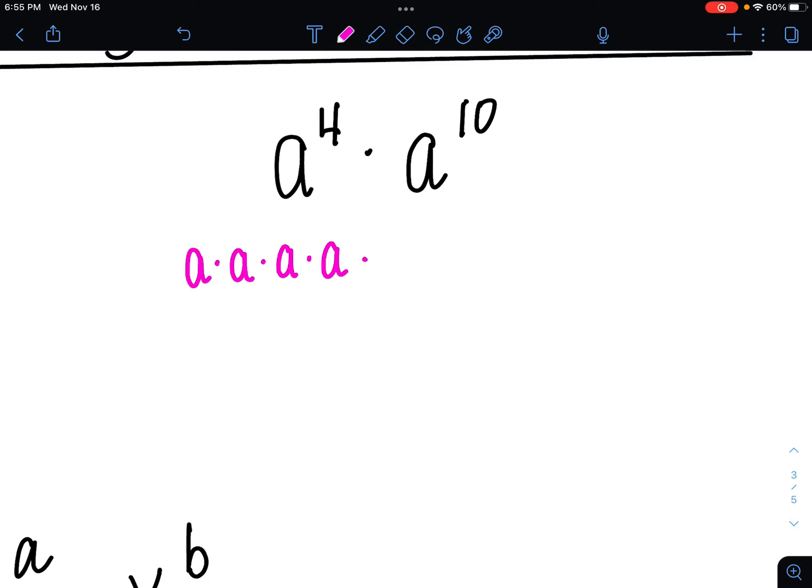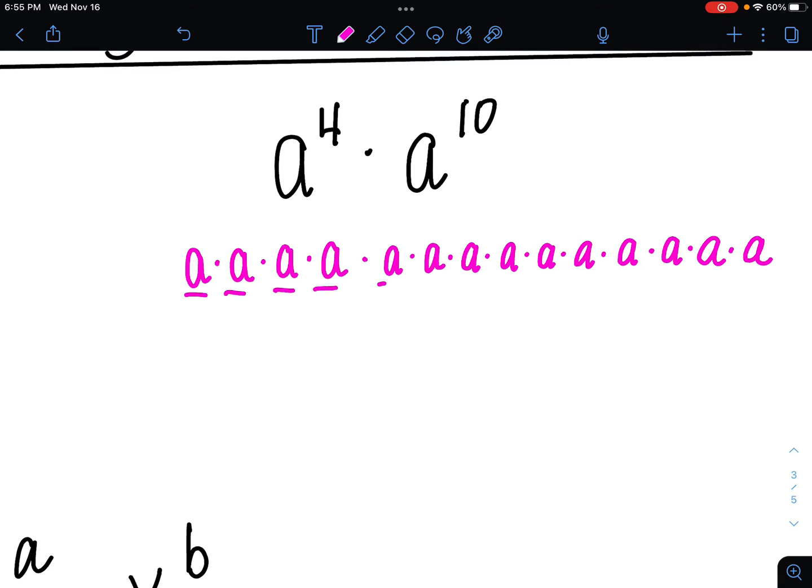So now I have a times a times a, 4, 5, 6, 7, 8, 9, 10. So we have 1, 2, 3, 4, 5, 6, 7, 8, 9, 10, 11, 12, 13, 14 a's altogether, which really is just a to the power of 14.